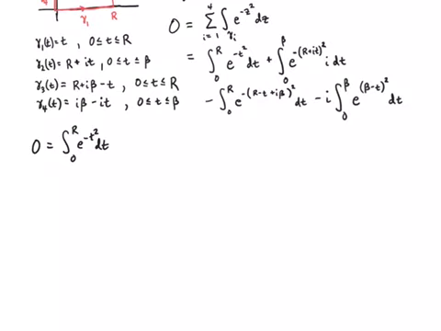The next one, right, we're just simplifying things here. If we multiply things out, we have an i, we have an e to the minus (r squared plus t squared), and then we have an e to the minus 2r i t.